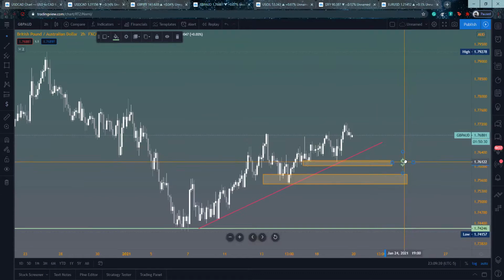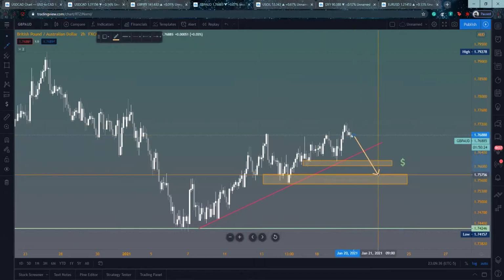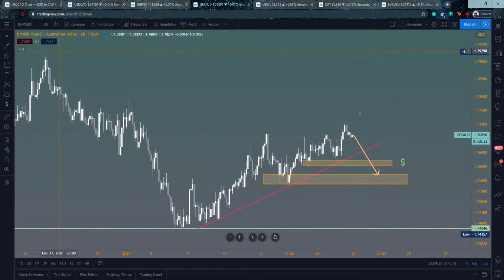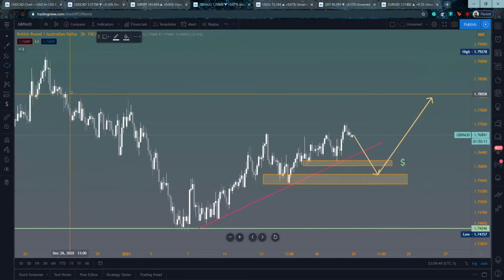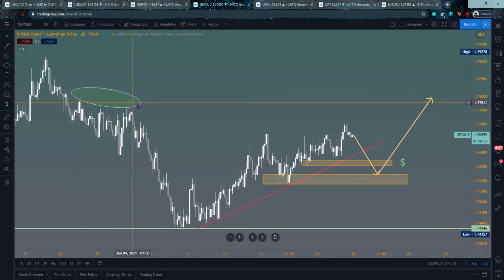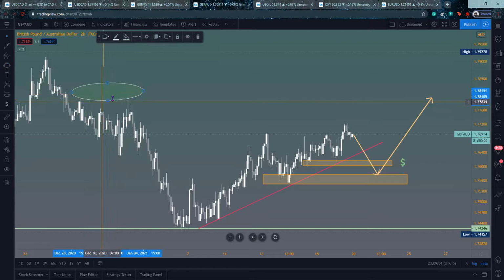And then from there, we have enough liquidity as a bank to move higher. Then we could take the liquidity pool that's up here. Right around there.